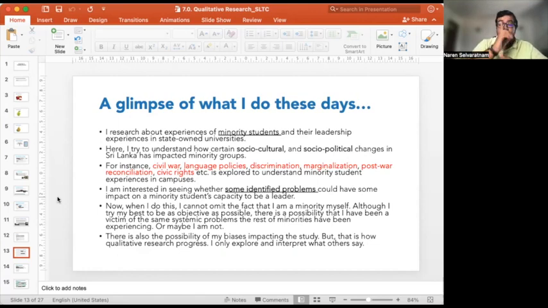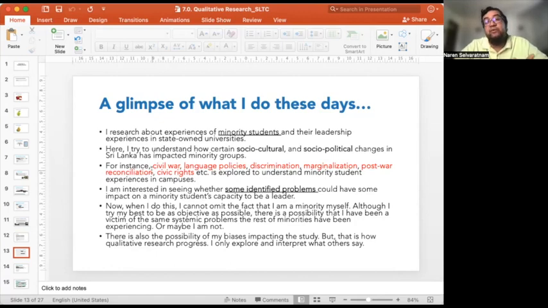Now, culture has a key role in shaping someone's leadership skills, and politics does the same thing. It shapes the way a person perceives or carries himself pertaining to leadership and also the society. So I explore how these things may have some influence on minority groups.